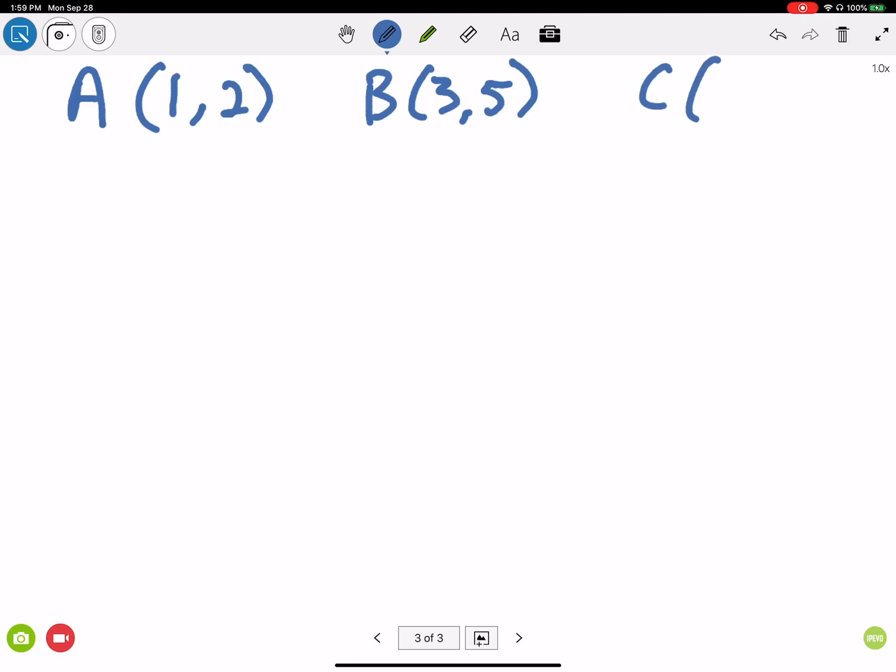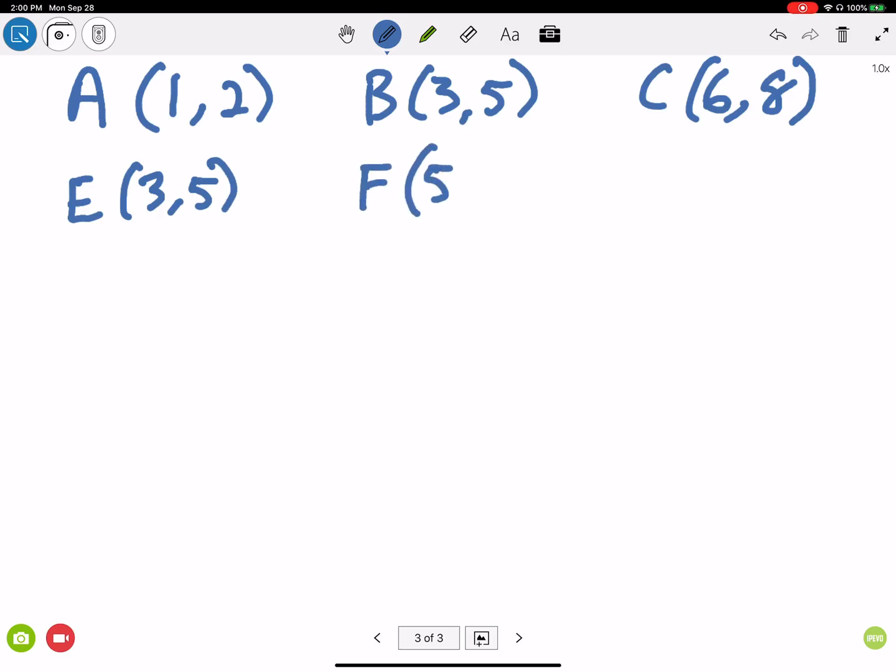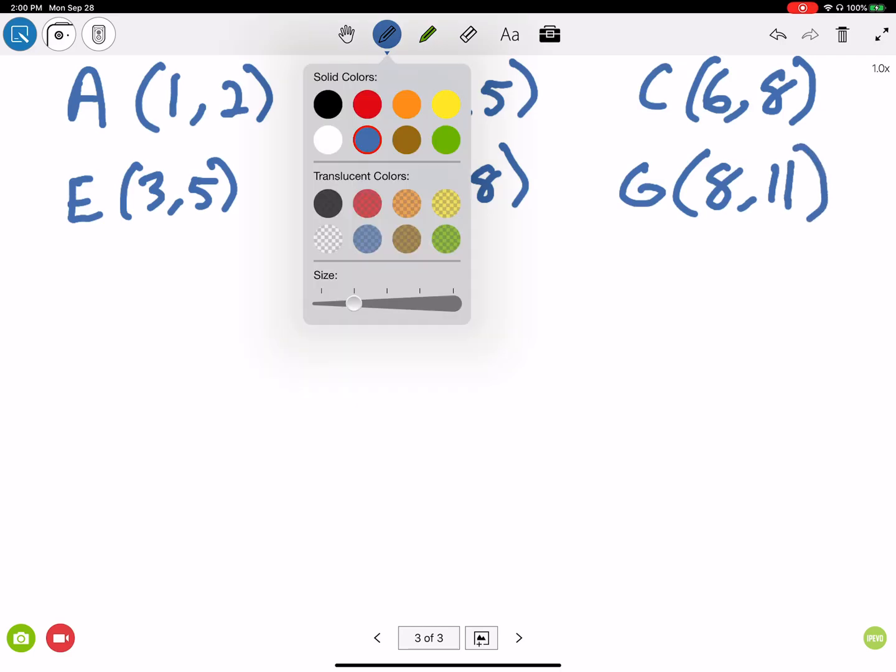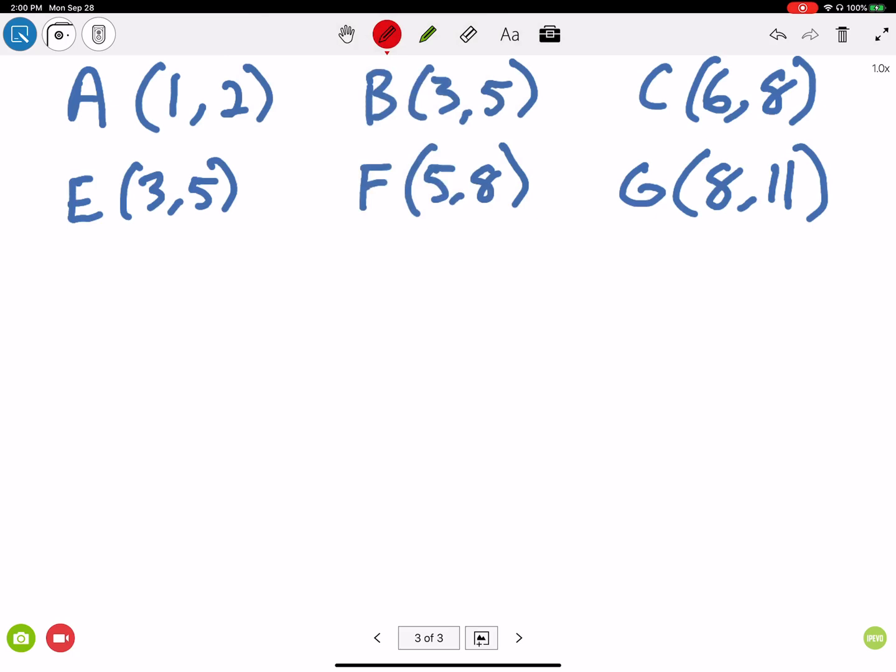And C was at 6, 8. E was also at 3, 5. F was at 5, 8. And G was at 8, 11. So, can we figure out what the rule is?